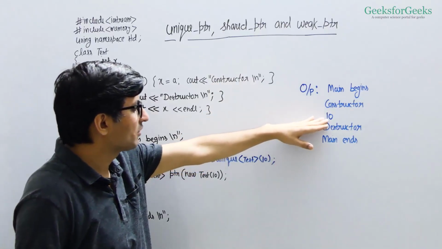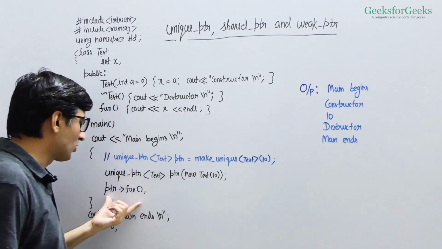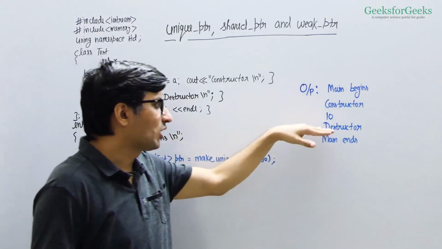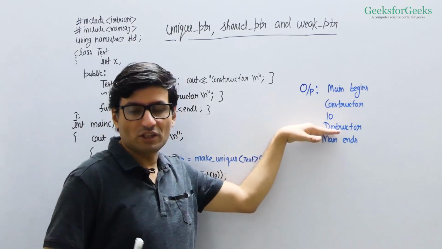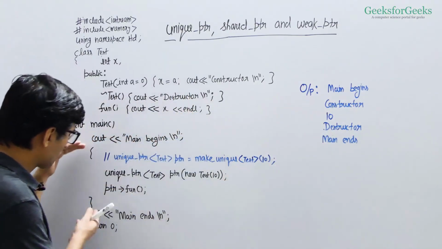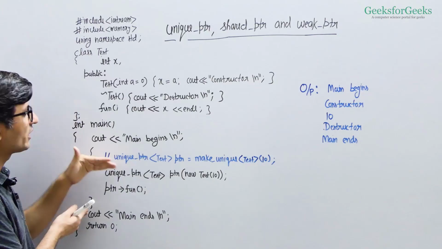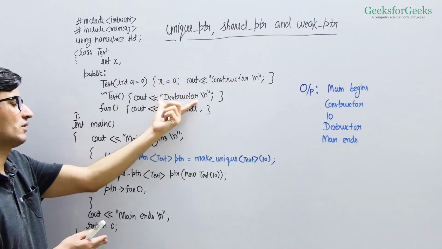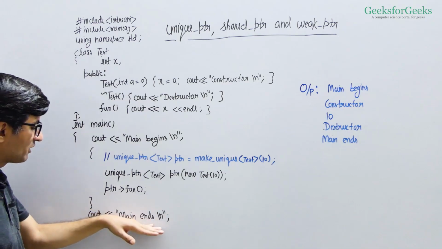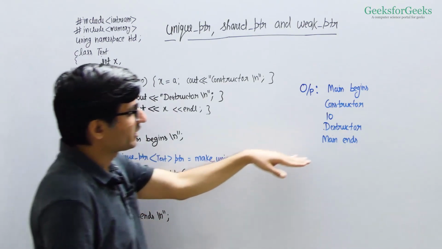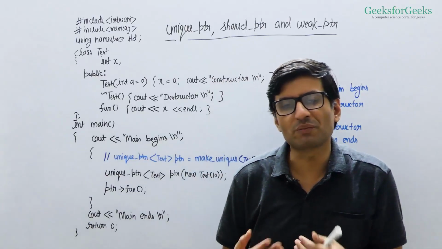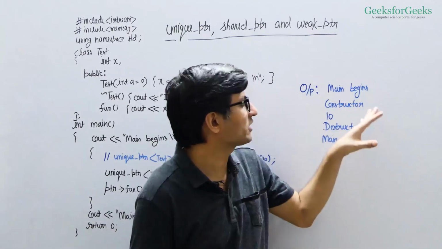Then we call fun, so we get the output 10 because fun simply prints the value of X. Now our object goes out of the scope, so we get the output destructor. And after destructor is printed, in the end we get main ends. So this is how unique pointer works, and this is how we get this output.